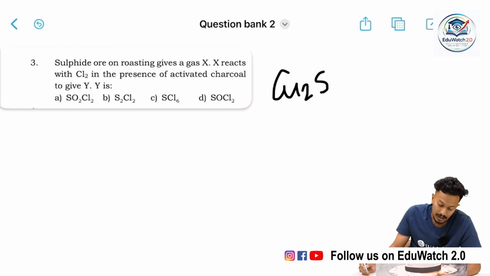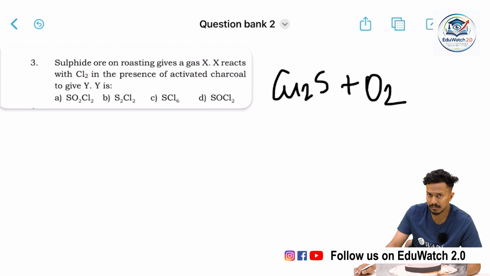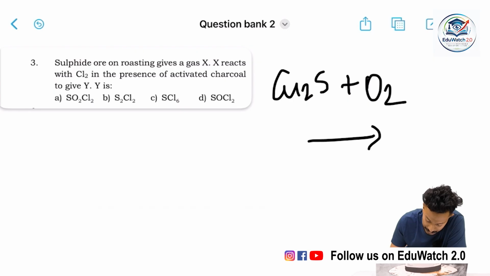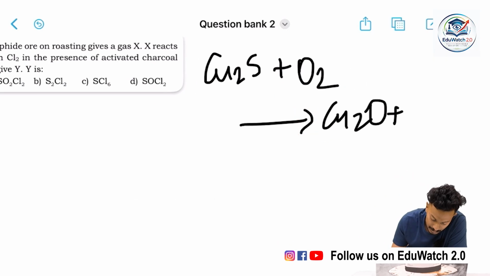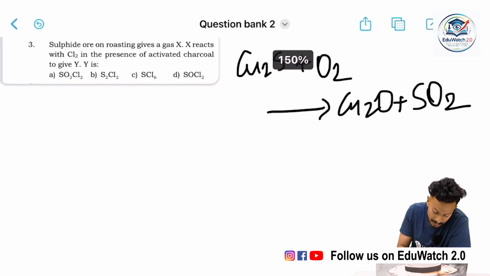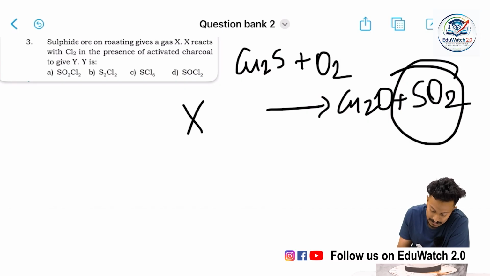When the sulfide ore is roasted in the presence of oxygen, you do know what roasting is, right? Heating in the presence of oxygen, which gives copper oxide, Cu2O, along with sulfur dioxide. This is the X, sulfur dioxide.